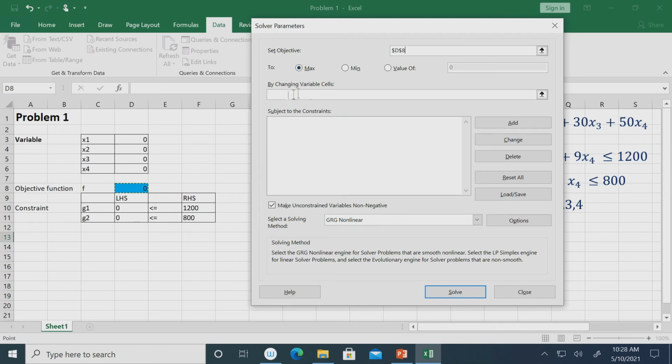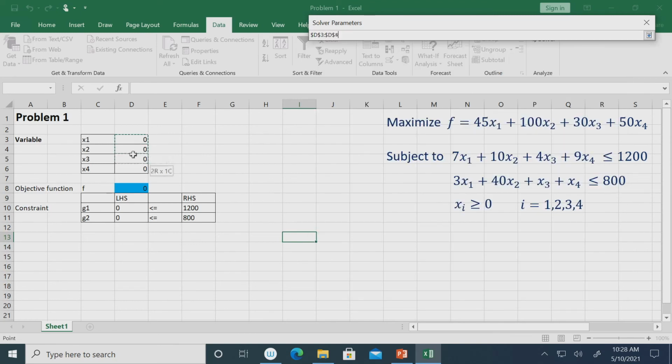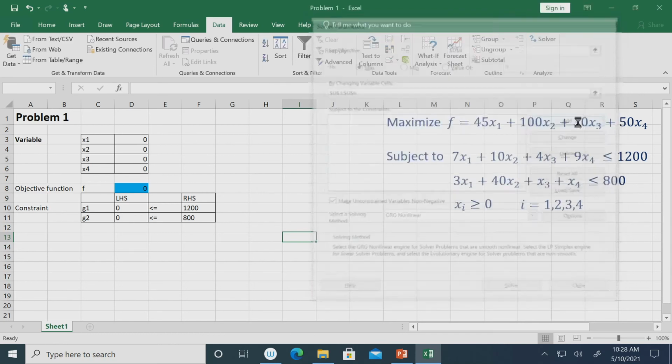I use maximization. Then, by changing the variable cells, these are my variable cells. I have to define D3 to D6, okay, D3 to D6. So, I have defined my variable cells here, and then I have to add the constraints.